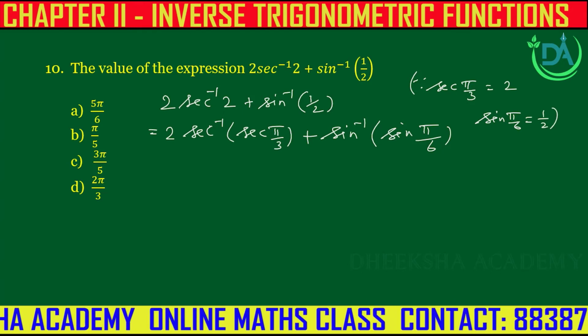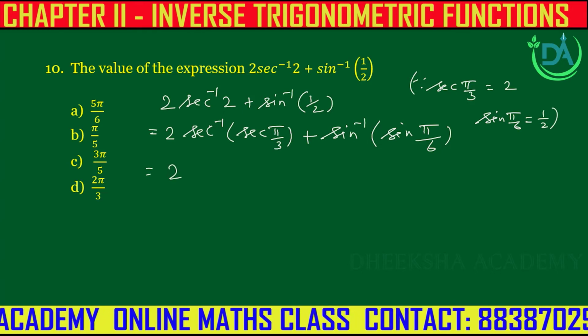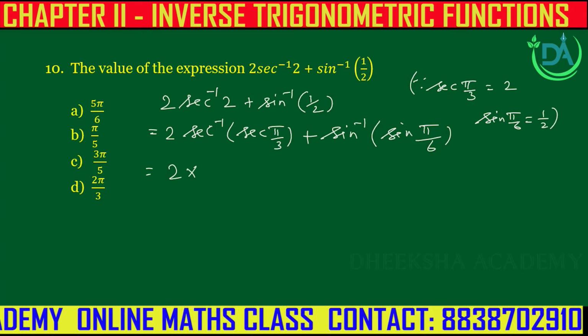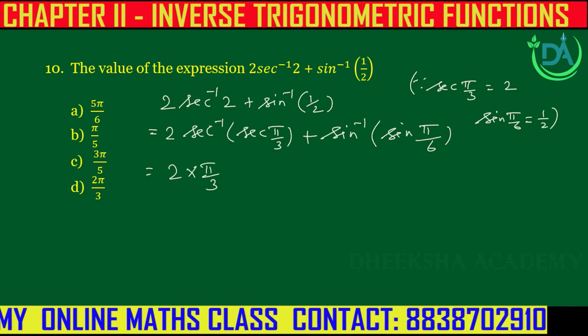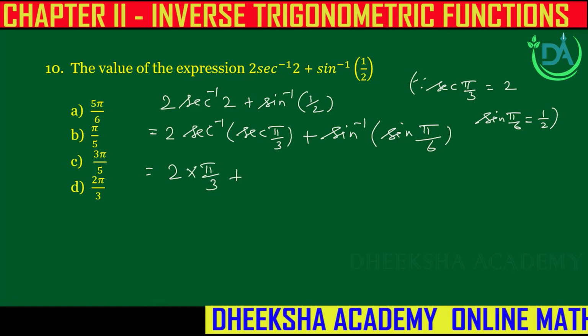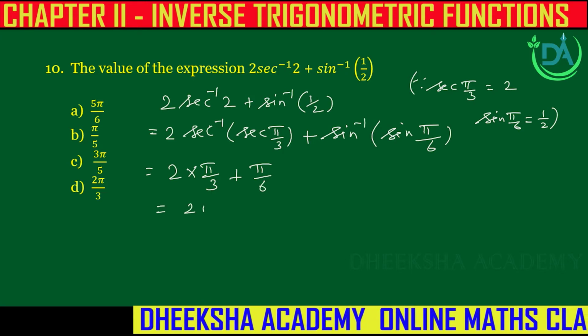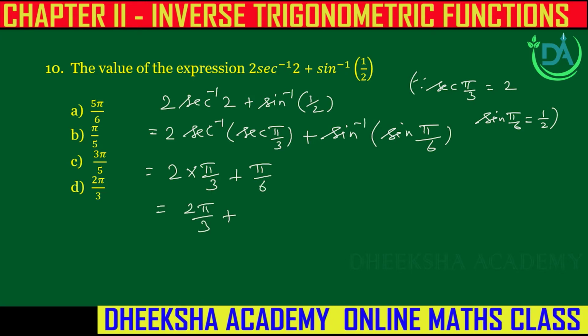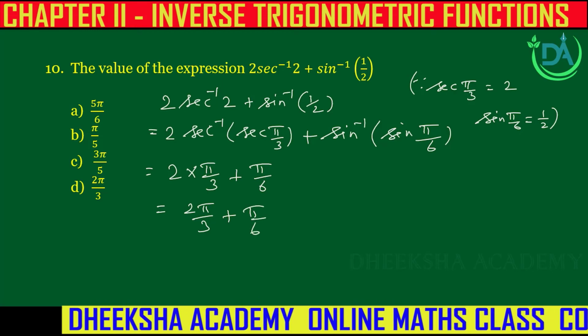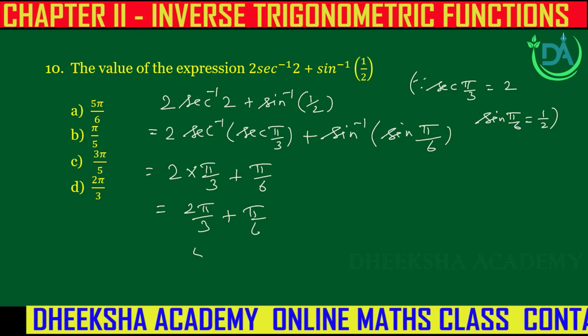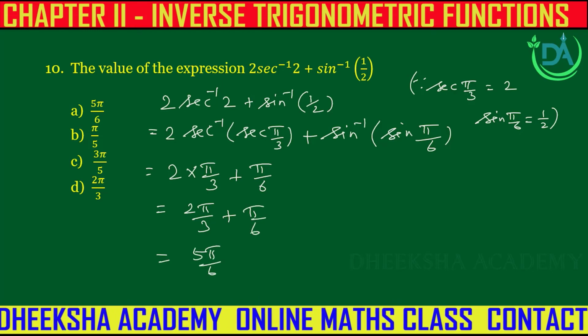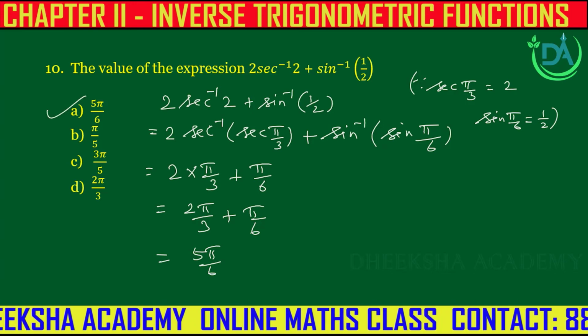This is equal to 2 into secant inverse of secant pi by 3, which is 2 into pi by 3, plus sine inverse of sine pi by 6, which is pi by 6. So this is equal to 2 pi by 3 plus pi by 6. The answer is 5 pi by 6. So answer A is the correct answer.